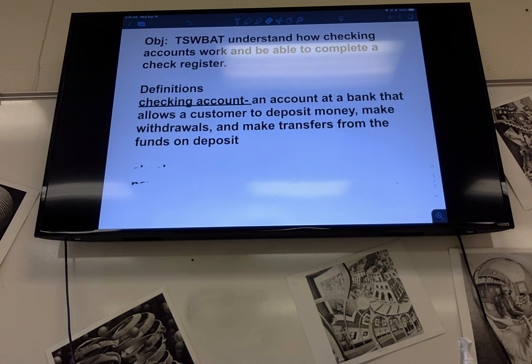If I have to mail a payment for some reason, I would use a check. But most of the time you pay things online now, which means you have to put in either your debit or credit card, or you need to put in your information from your bank account.